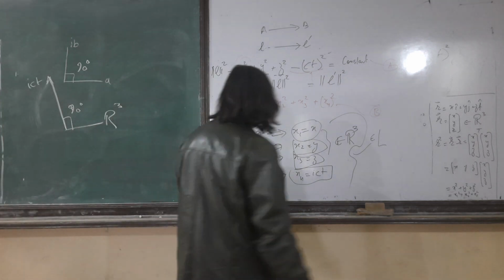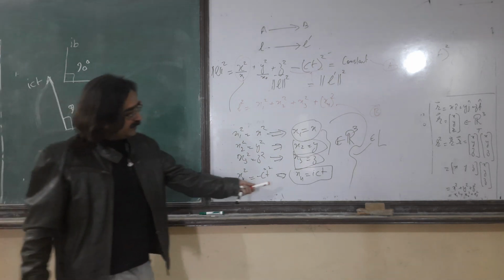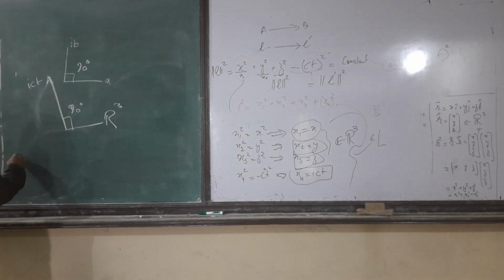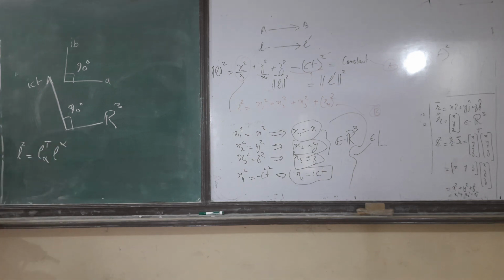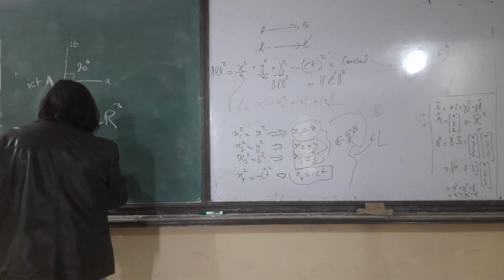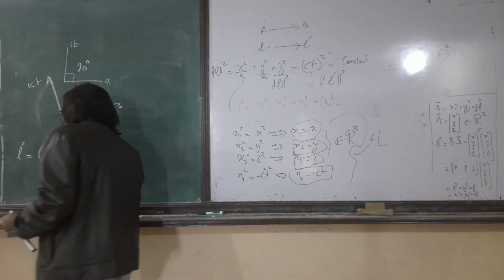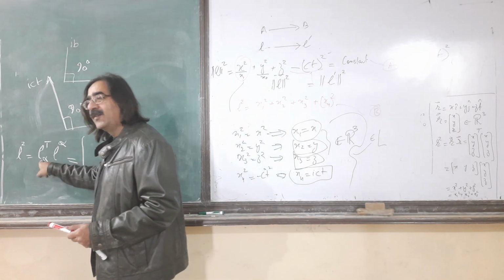And as I have already explained, the covariant will be the complex conjugate. If I write it in the form of contravariant and covariant, I have already explained, covariant is complex.